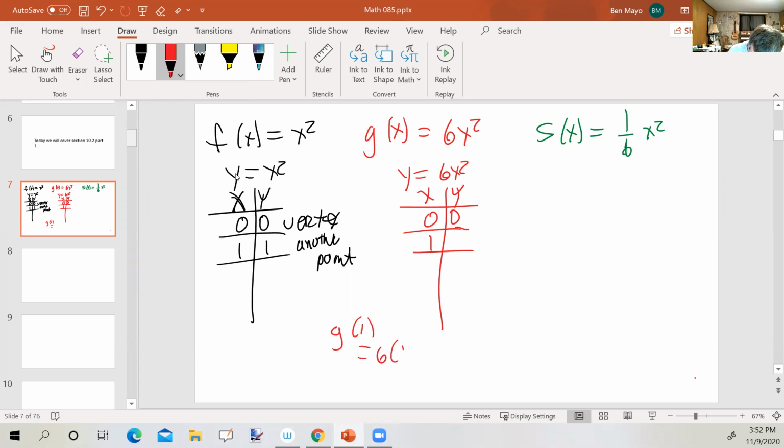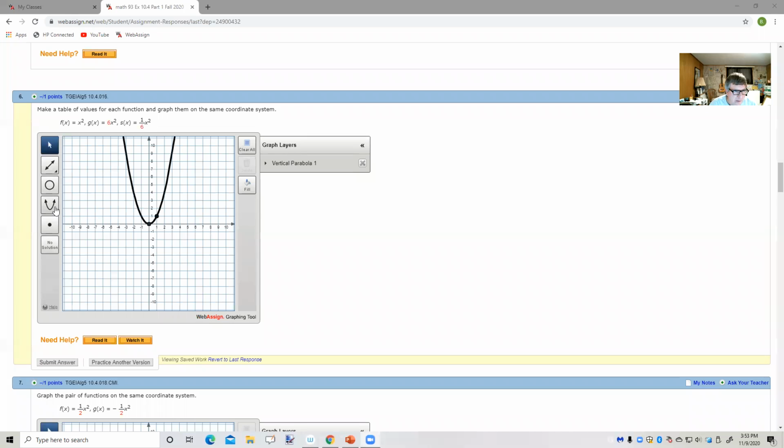That would be 6 times 1 squared, 6 times 1, or 6. So that's at 1, 6. Okay? So again, I've got the vertex here, and then another point. So back over here to WebAssign and make it blue, 0, 0, and 1, 6. And there's g of x equals 6x squared.